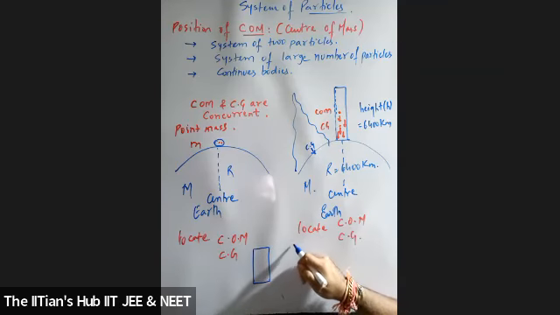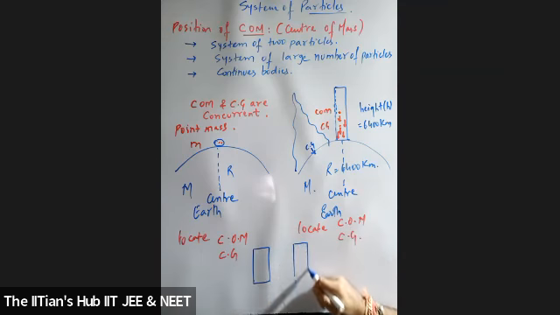This is one bottle, and this is the other, two bottles. I have kept both the bottles on a platform, on a surface. Please, everybody listen carefully. This is bottle 1. This is bottle 2. Both the bottles are exactly identical in shape.